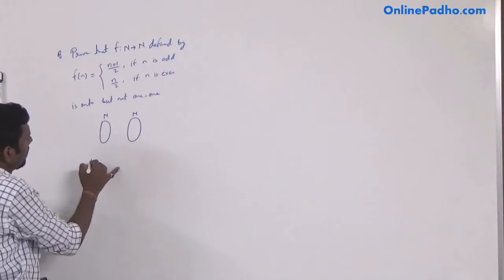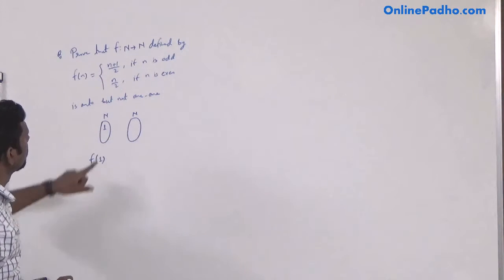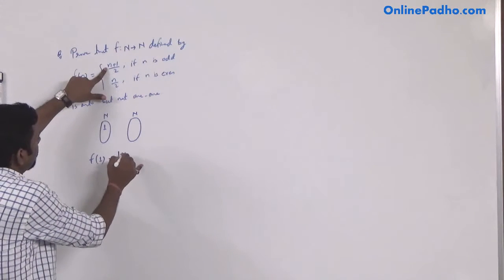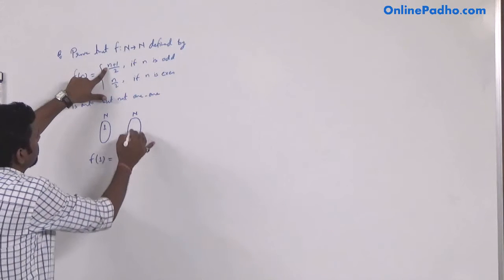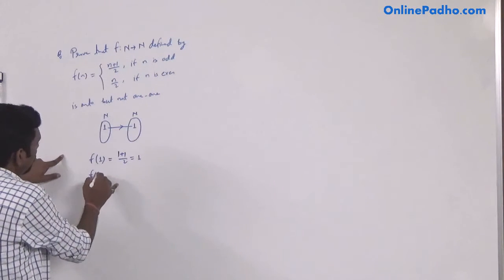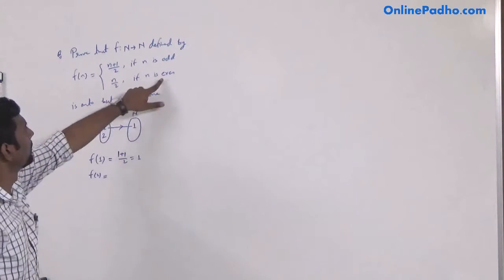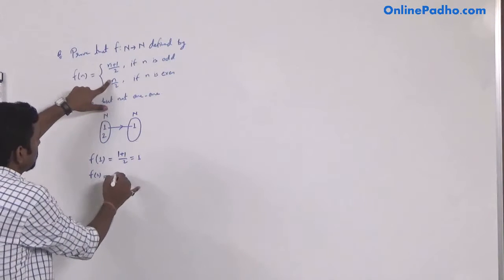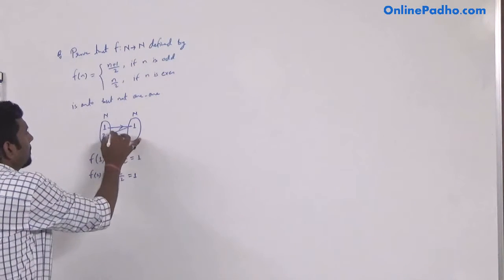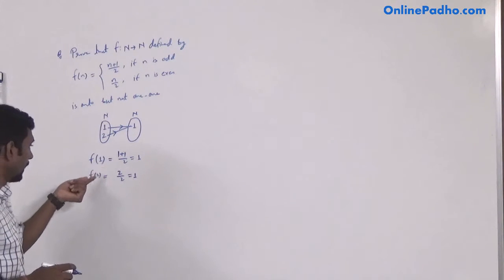If we consider 1 here, 1 is an odd number, so f(1) can be written as (1 plus 1) by 2, that is 1. If you find f(2) for the second natural number, 2 is an even number, so we put it in the second formula: 2 by 2, that is 1.